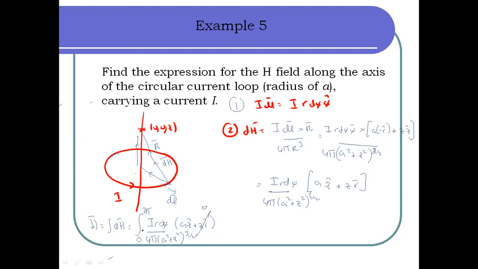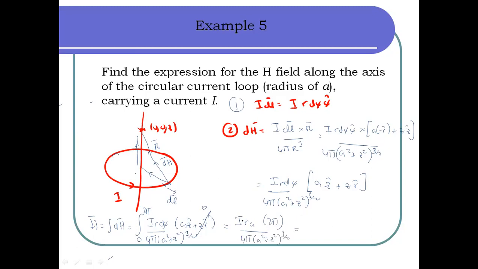If I is not uniform, this cancellation idea is not valid. Since this R has been cancelled out due to the symmetrical effect, we can straight away do the integration. So we're going to have I R A, and then 2 pi divided by 4 pi of A squared plus Z squared power to 3 over 2, and then it can be simplified.